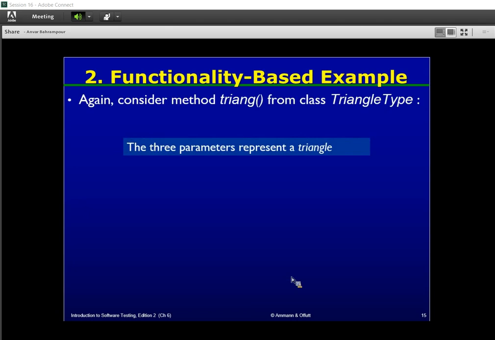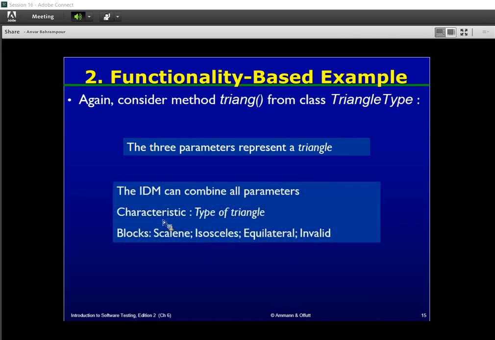Again, we consider the method triangle in the TriangleType class. As you know, we have three parameters that are the sides of the triangle. The only characteristic in this approach is the type of triangle, and you know we have four types of triangle.